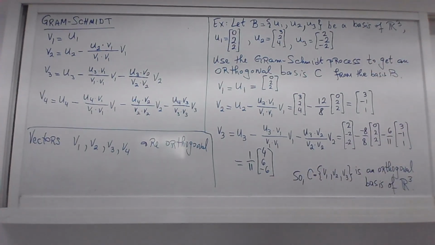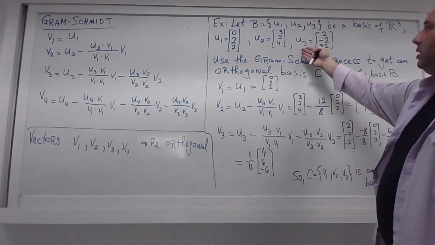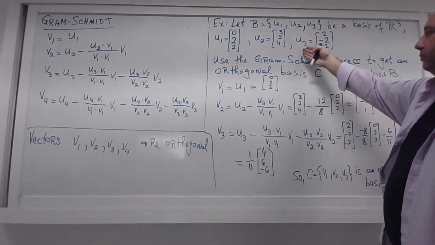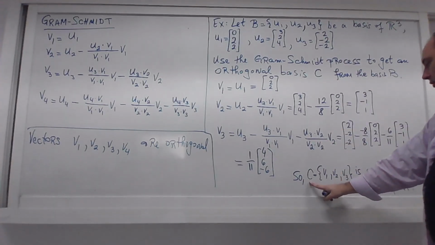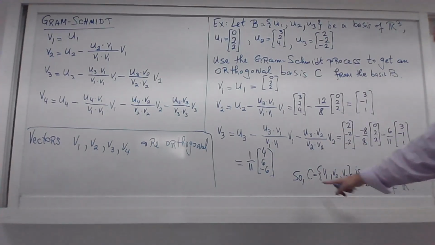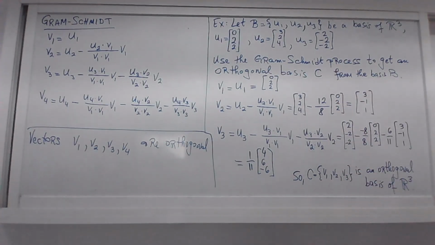Now we are done. We started with basis B, having vectors U1, U2, U3, and then we created a basis C with vectors V1, V2, V3. These vectors, by construction, by the Gram-Schmidt process, are orthogonal and non-zero, so they are linearly independent, and therefore they are a basis for R3.